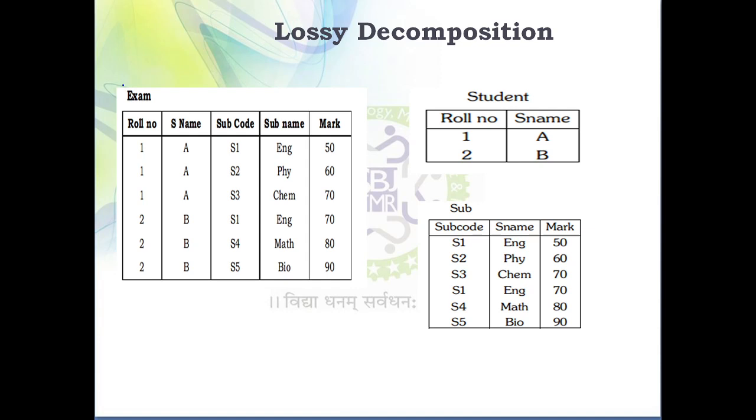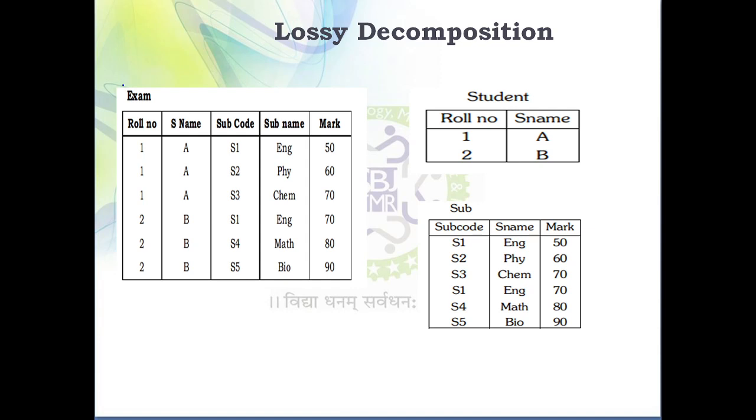In lossy decomposition also, we are splitting one table into a number of sub tables, and after joining these sub tables, maybe we are not getting the original table back. That's why this type of decomposition is called lossy, where we lose some information. In another way, I can say that in lossy decomposition we are getting some extra tuples, and these extra tuples will create a problem for us.